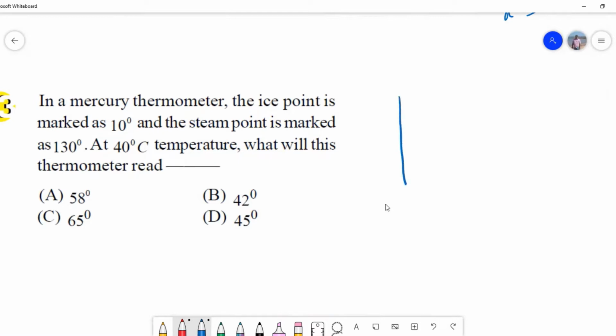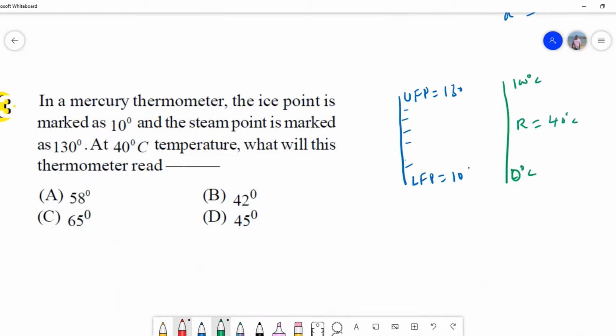Let us take the lower fixed point as 10 degrees and the upper fixed point as 130 for the new thermometer. And we have a Celsius thermometer where the lower fixed point is 0 degrees centigrade and the upper fixed point is 100. And what is the reading given here? It is given as 40 degrees centigrade. Then what is the reading on this? That is the question given.